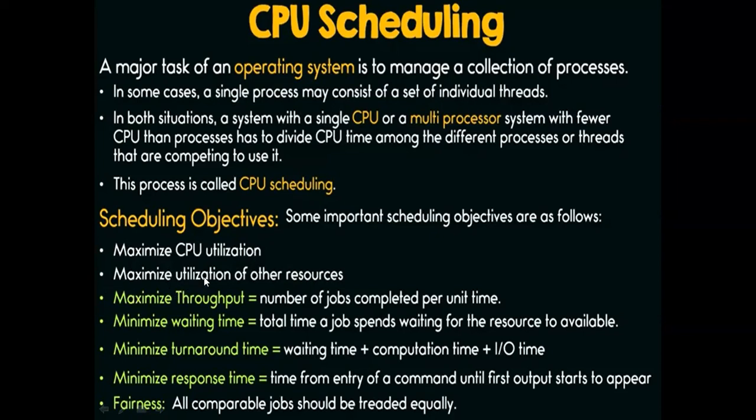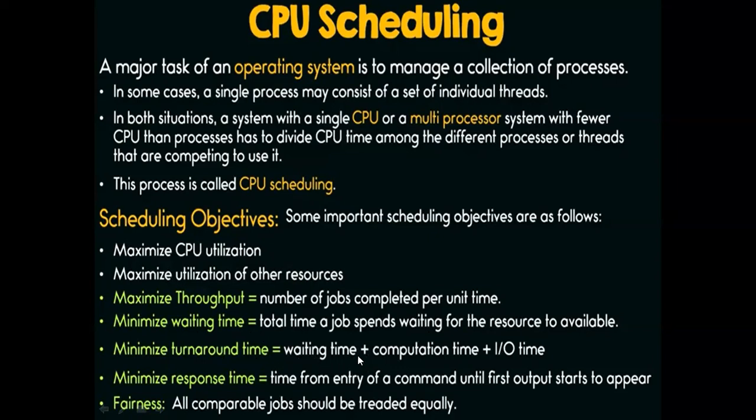Next, maximize the utilization of other resources and maximize the throughput. Throughput is defined as the number of jobs completed per unit time. And we need to minimize the waiting time, which is the total time a job spends waiting for a resource to become available.